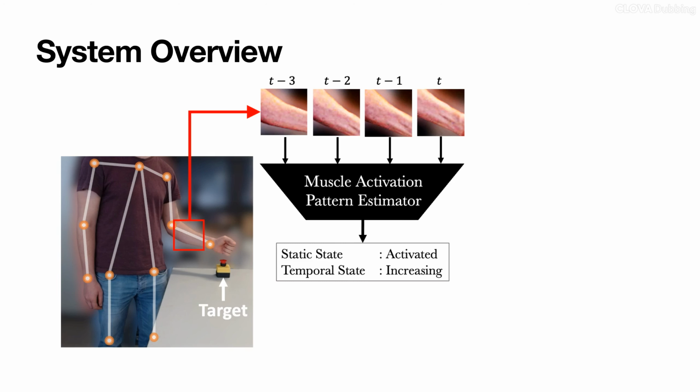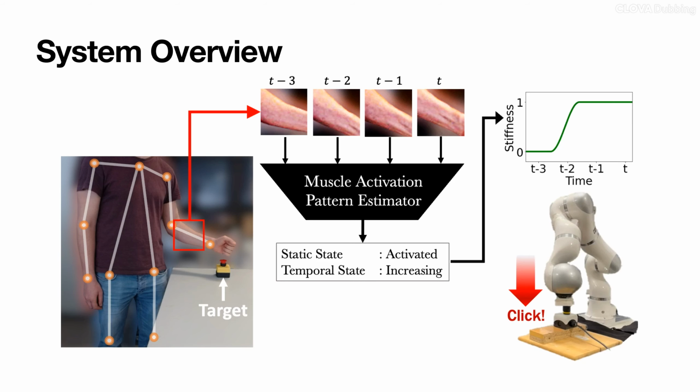This estimator results in a static state, which shows whether the muscle is activated or not, and a temporal state, which shows whether the degree of activation is increasing, stable, or decreasing. Based on this information, a robot adapts its endpoint stiffness properly to successfully conduct the task.